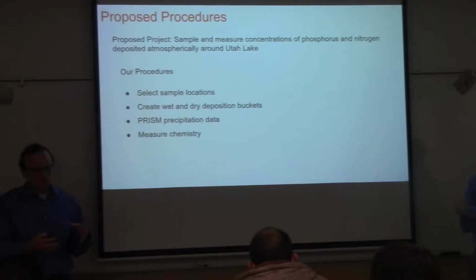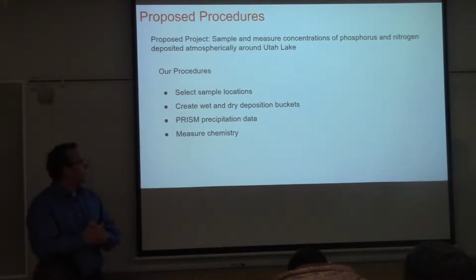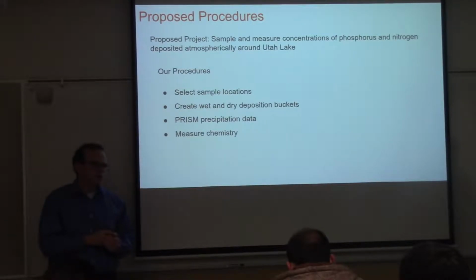And we'd also collect just dry deposition from the windstorms that come through. With that data, we would then be able to calculate phosphorus and nitrates. We wouldn't have any rain gauges, just due to mechanical difficulties of maintaining them at the site locations.